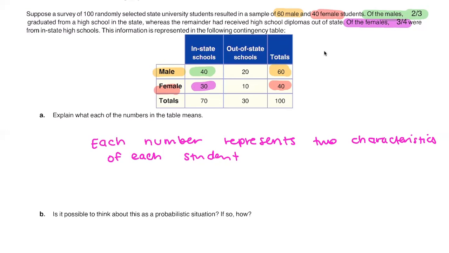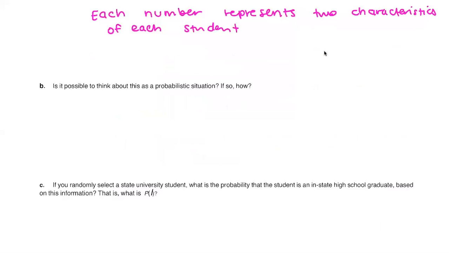Or maybe you'd say, raise your hand if you're female. And you'd have 40 females raise their hand. And then you'd say, now stand up if you went to an in state high school. And you'd have 30 females with their arms raised up, standing. And then you would be able to see of those 40 students, the 30 that went to an in state high school. So that's why it's probabilistic.